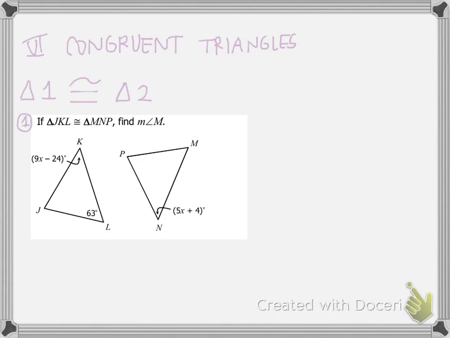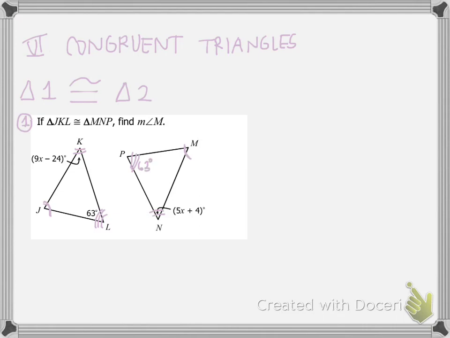Okay, so let's do this example here. If triangle JKL is congruent to triangle MNP, find the measure of angle M. If I want to find the measure of angle M, that means I'm looking for the measure of angle J. I know that P here is also going to be 63 degrees.